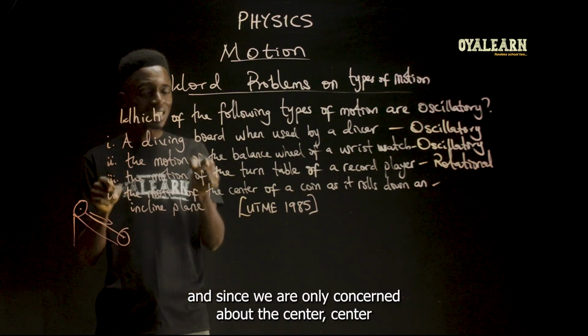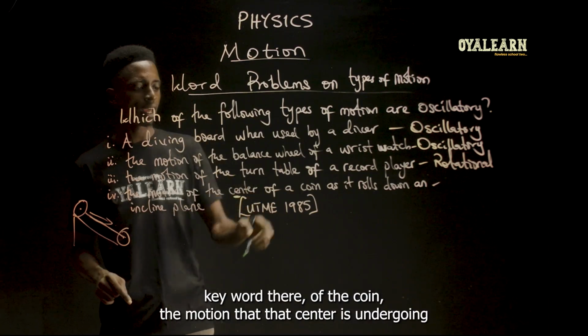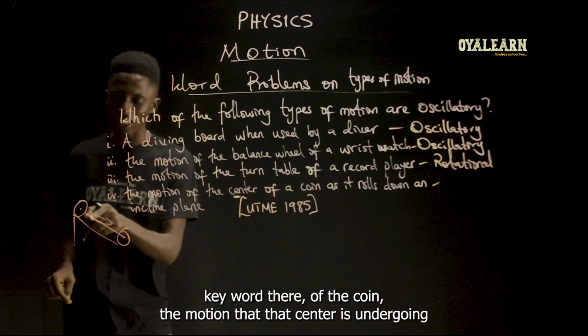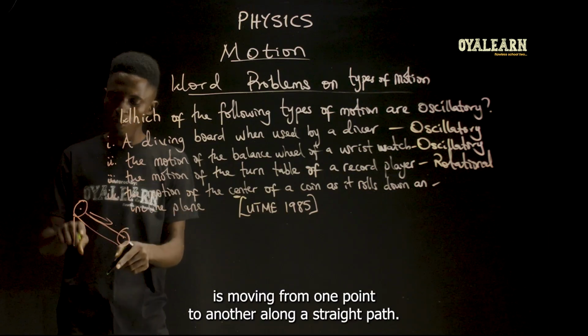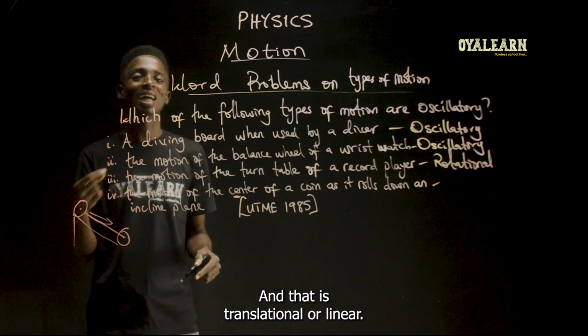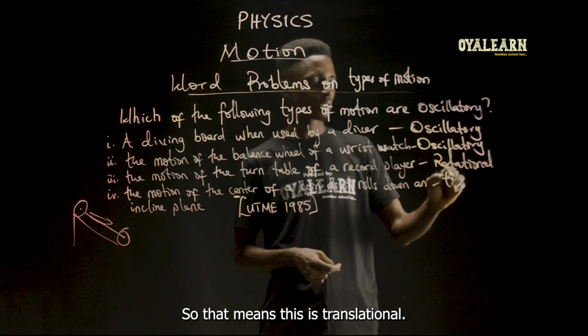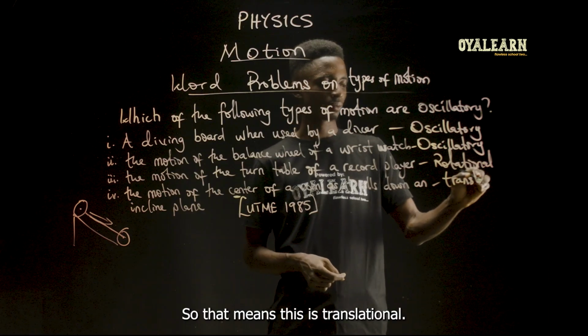And since we are only concerned about the center keyword there of the coin, the motion that center is undergoing is moving from one point to another along a straight path, and that is translational or linear. So that means this is translational.